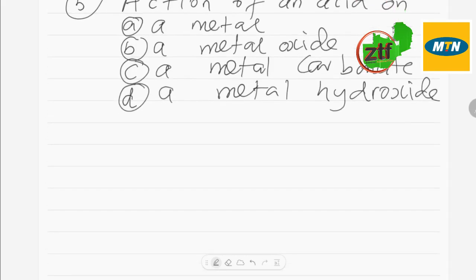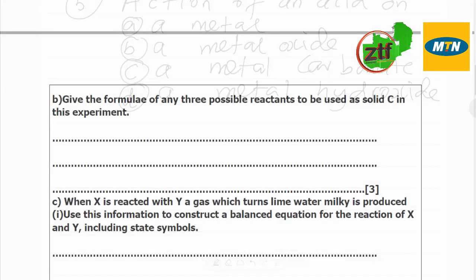Now, since we know the method to use, we're told here to write the formula of any three possibilities of solid X. So this is going to guide us.